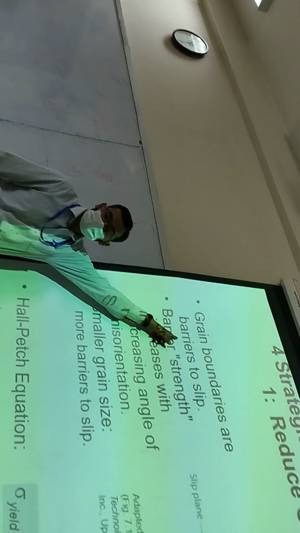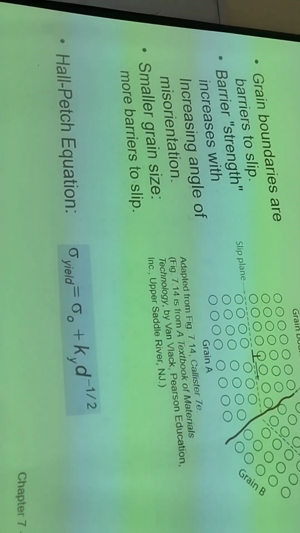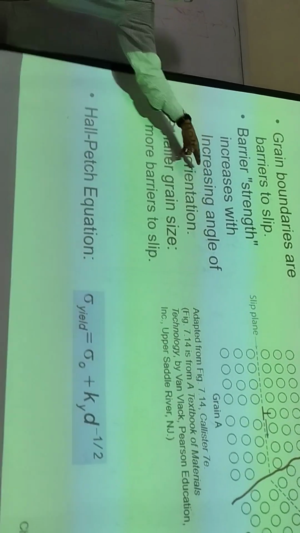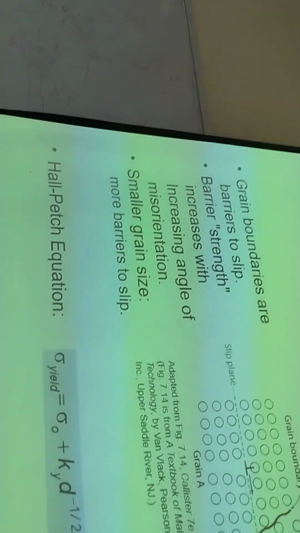So now the rules say that grain boundaries are going to be barriers to the slippage taking place between the rows or planes of atoms. The barrier strength is going to increase with the increasing angle of misorientation.